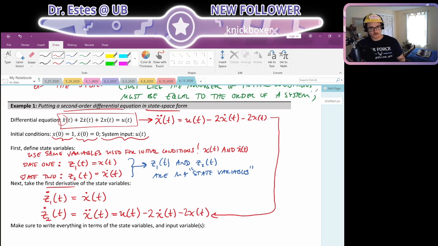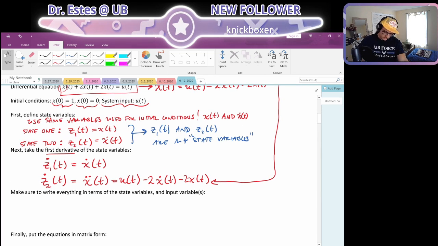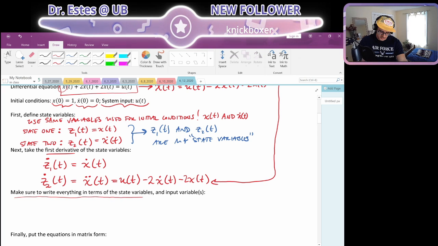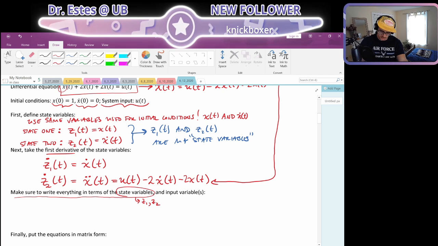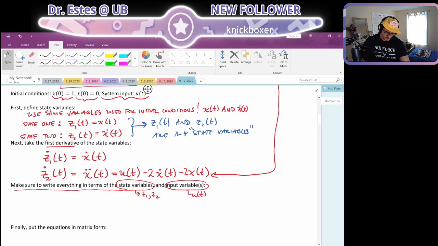Okay, we're getting there. Next, we take these two equations above, but we write everything in terms of the state variables, which are z1 and z2, and the input variables. So you'll see what I do here.